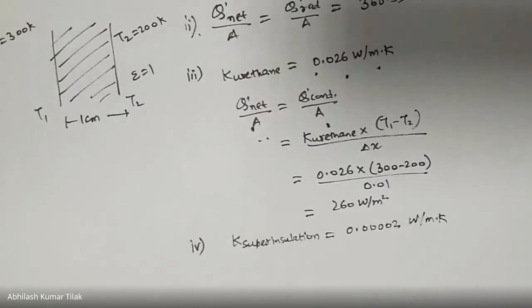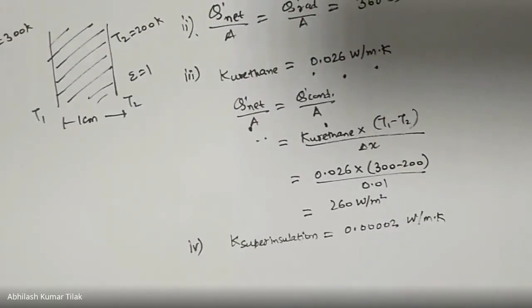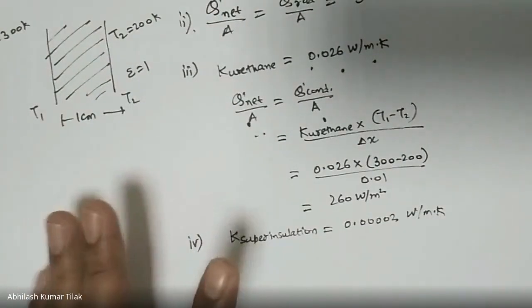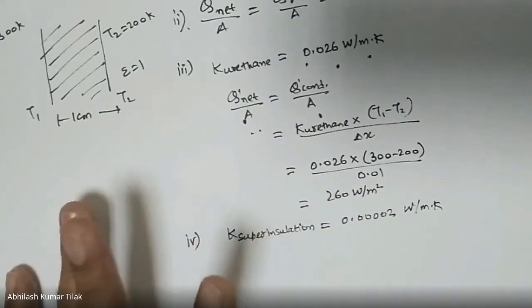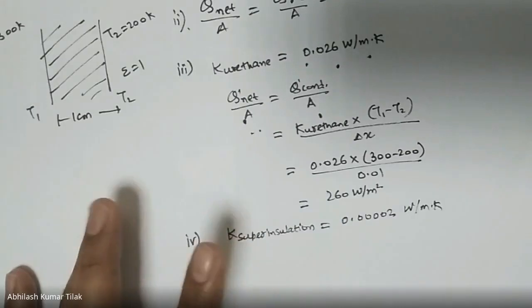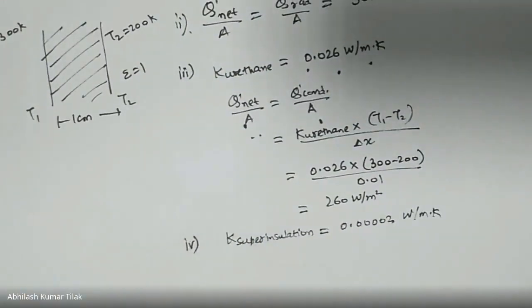So if there is a super insulation, that means there is no direct radiation heat transfer because the insulation will prevent any direct radiation heat transfer between these plates. Also, radiation heat transfer between the sheets of super insulation does not occur.